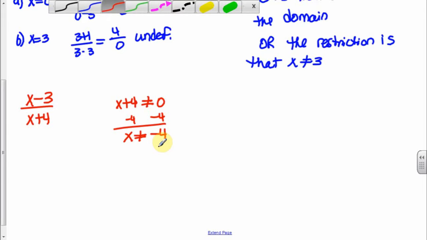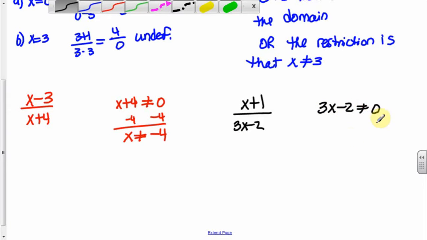Done. Okay? If you have a denominator that's a little bit more complex, like this one, we're going to find the restriction on X, then you really probably do need to do this. You probably could have seen this one, determined it was negative 4, if you just thought about it a little bit. This one might be a little bit harder for you because there's a coefficient on X. So you're going to come over here and go, well, if I'm looking for the restrictions, 3x minus 2 cannot equal 0.